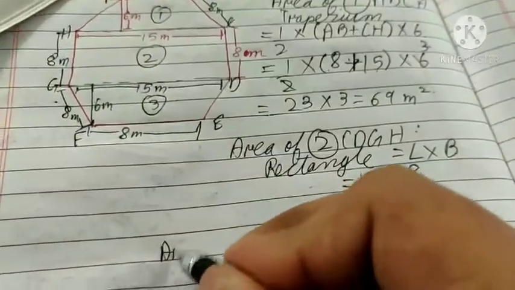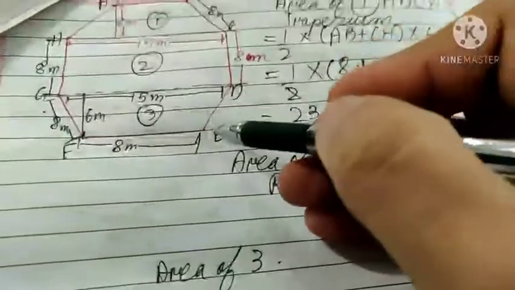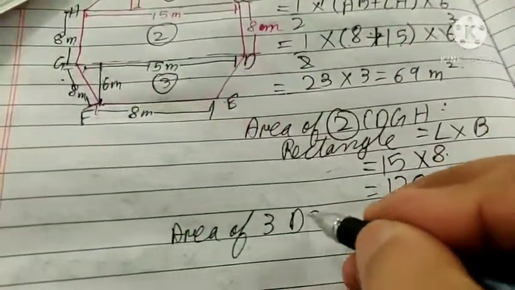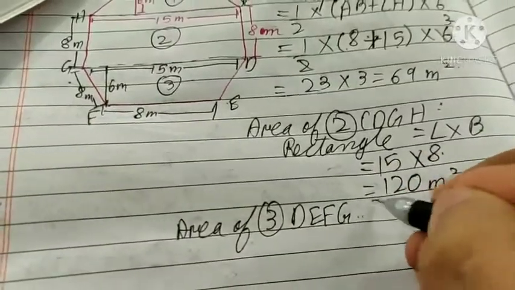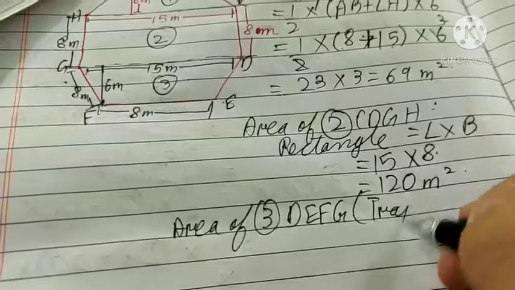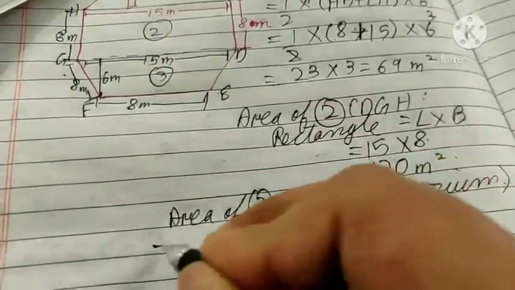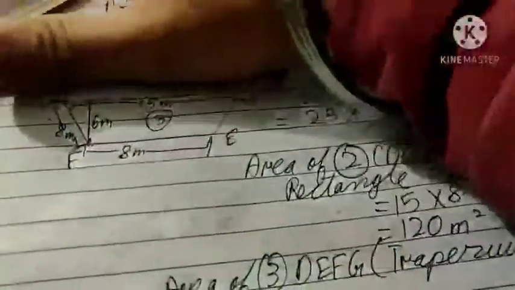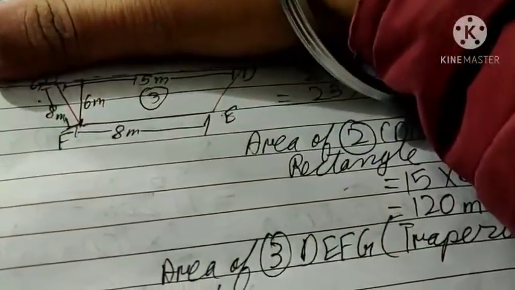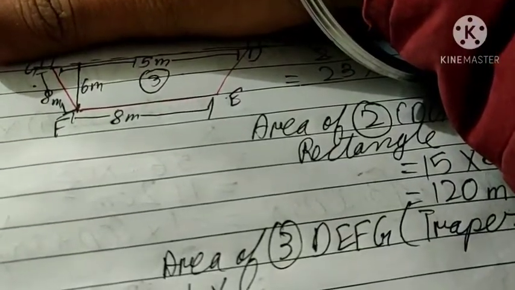Now area of 3, DEFG. It is a trapezium. Area of trapezium is again half into sum of parallel sides. So what are the parallel sides here? Parallel sides are EF and GD.